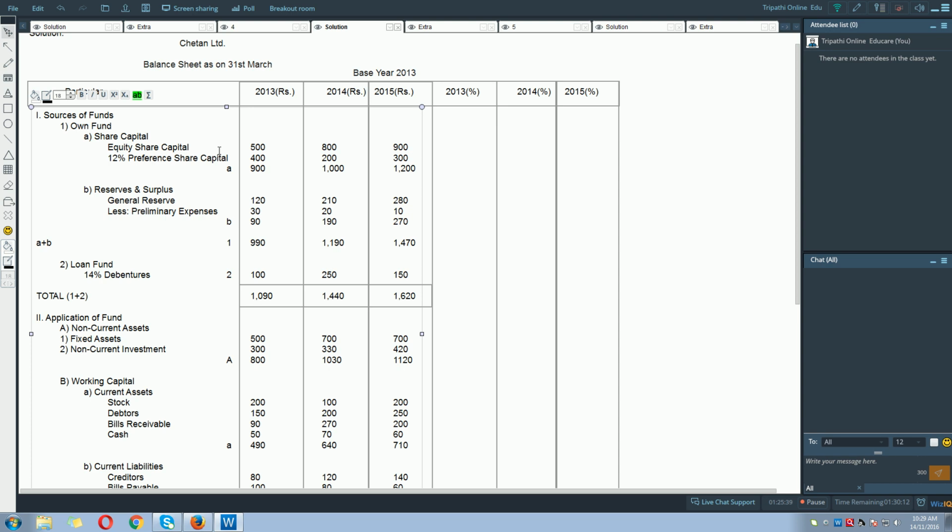Now let us take the total. This is our capital B. So we will say A plus B. 800 plus 290, first year we are getting 1090.